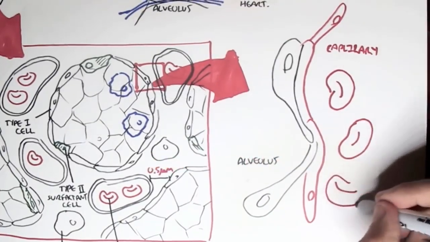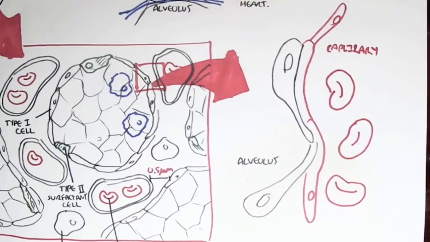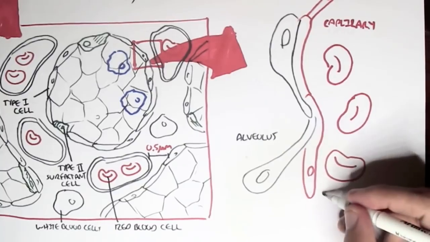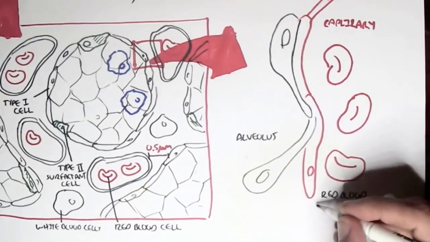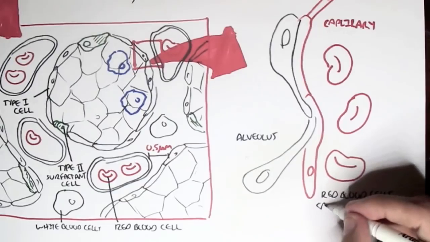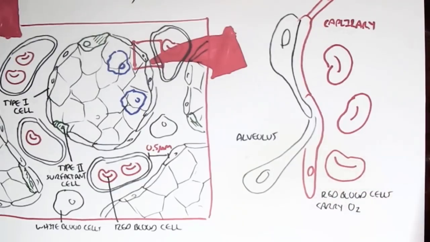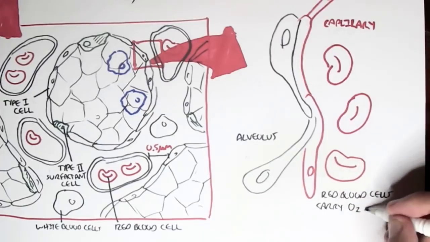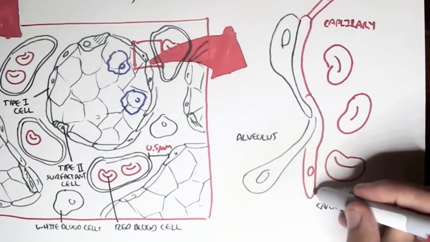Carbon dioxide also requires red blood cells in order to travel around the body, but carbon dioxide only requires red blood cells so that they can convert it into what's called bicarbonate, and carbon dioxide therefore travels throughout the body through a chemical known as bicarbonate.